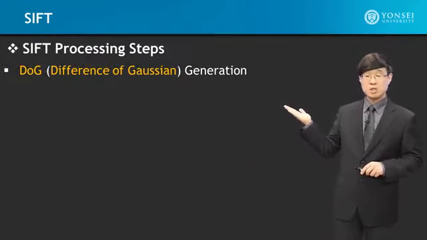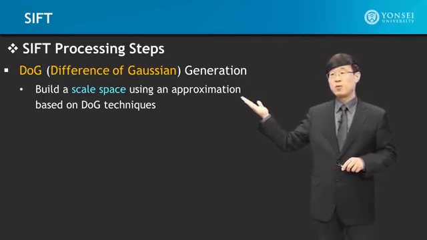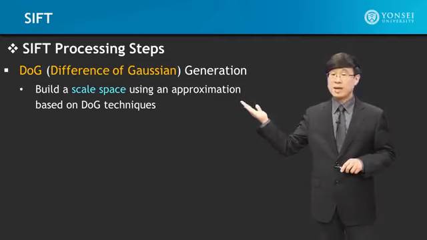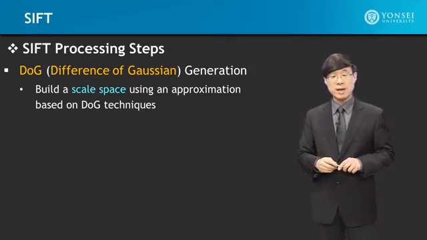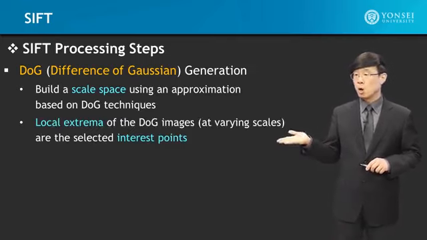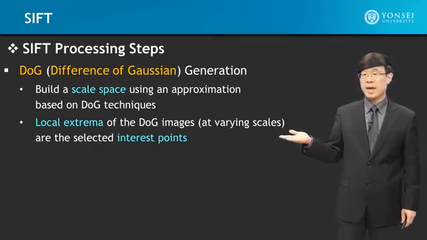Difference of Gaussian generation, DOG generation, builds a scale space using an approximation based on DOG techniques. If you look at SIFT and the following SURF, scale space is used as the core technology to start the augmented reality process. Local extrema of the DOG images at varying scales are selected as interest points. What is an extrema?